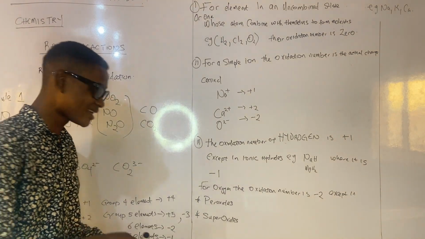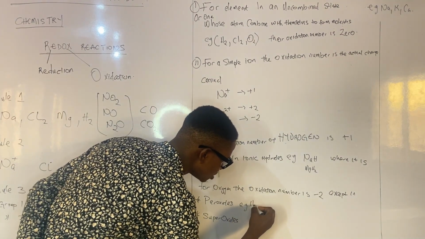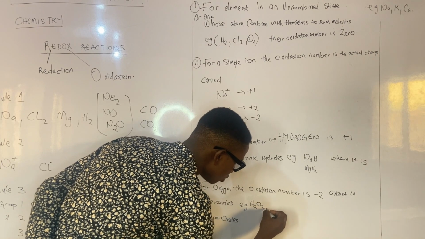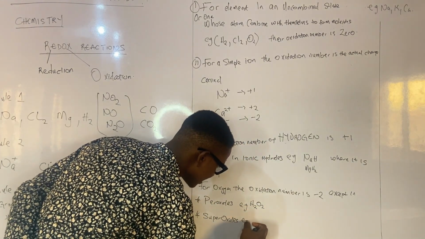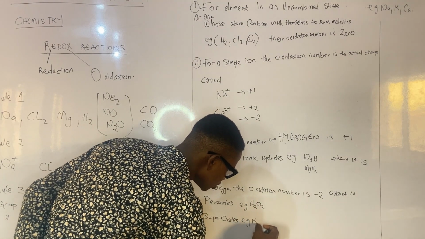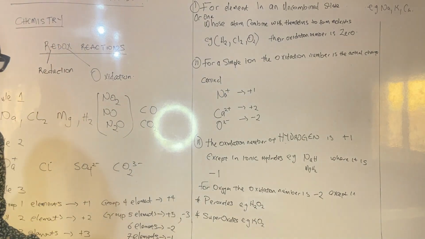An example of peroxide is hydrogen peroxide. Even sodium peroxide is there. And we have superoxide, for example, potassium superoxide. Do you understand that?